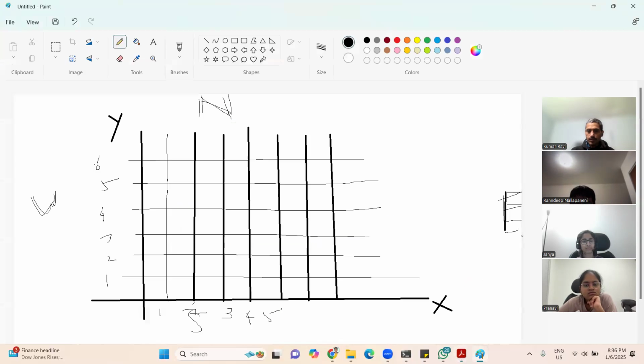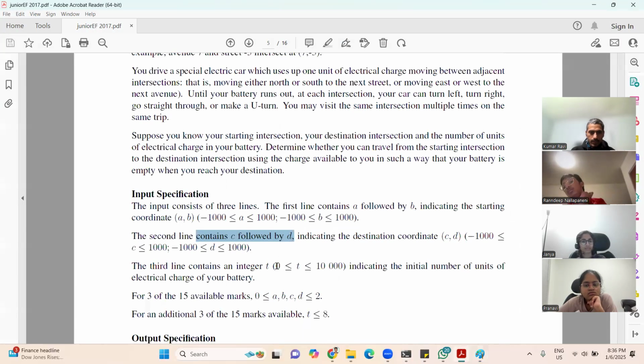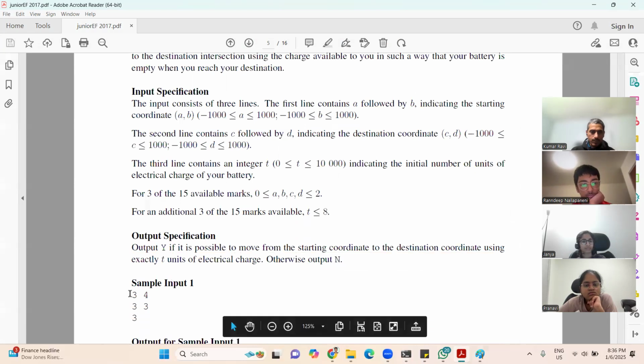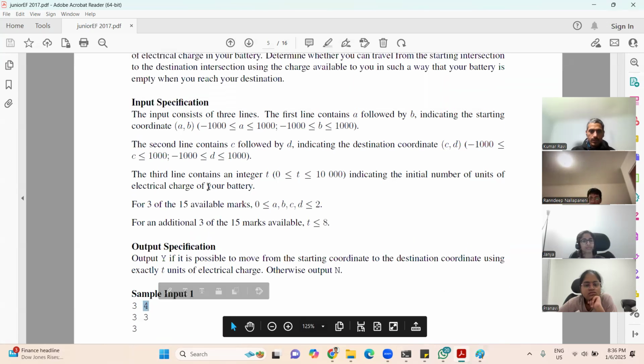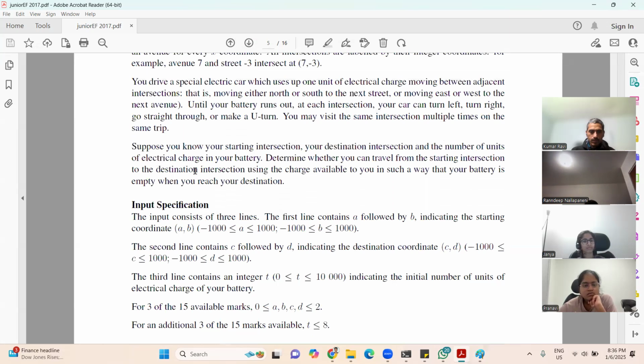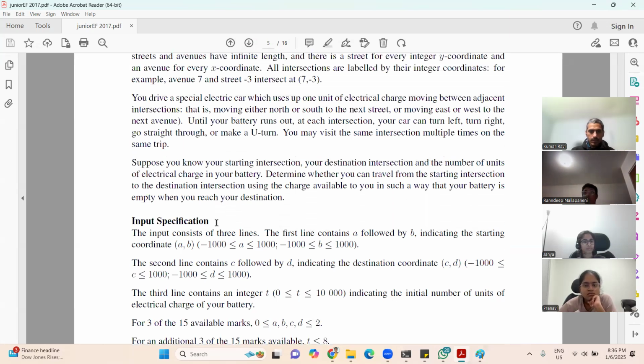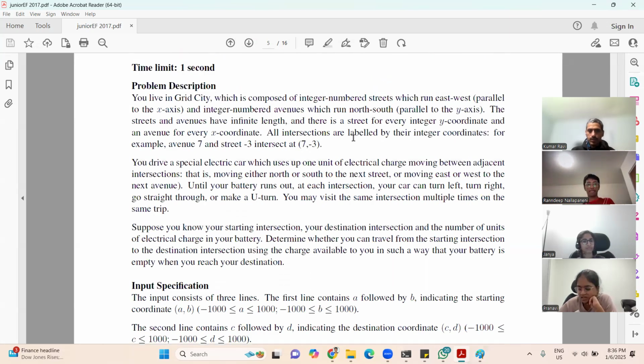Let us take the example they have given: 3, 4. So 3 avenue and 4 street. If you read here, they are mentioning avenue 7, street minus 3.